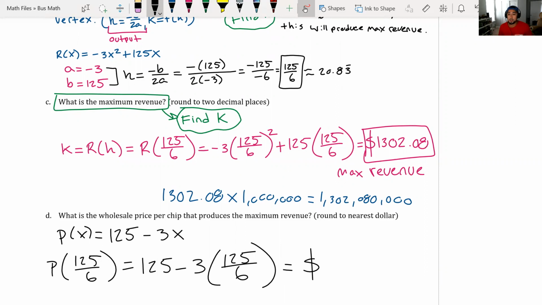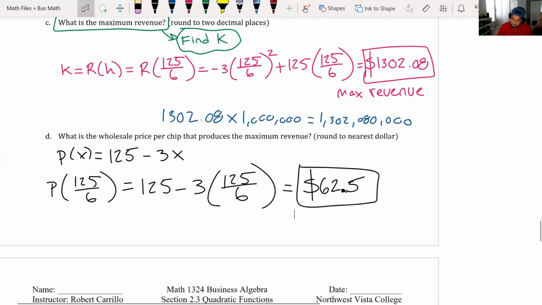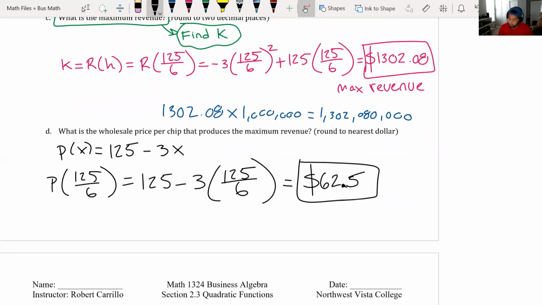And you'll get 125/2, but it wants this in dollars. So you should get that we are selling these computer chips for $62.50. This is the price per chip.